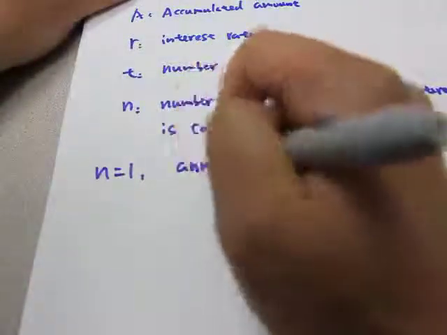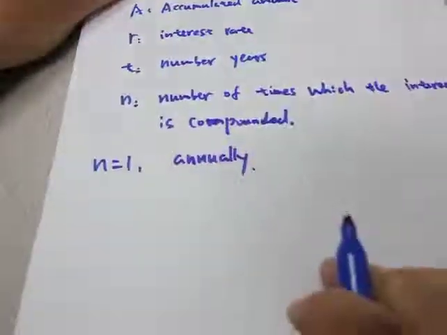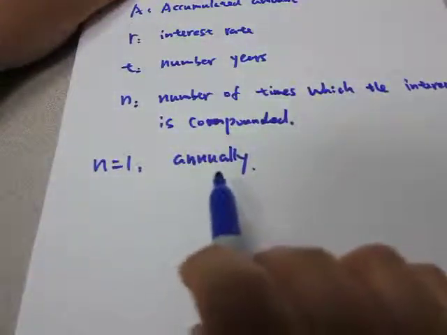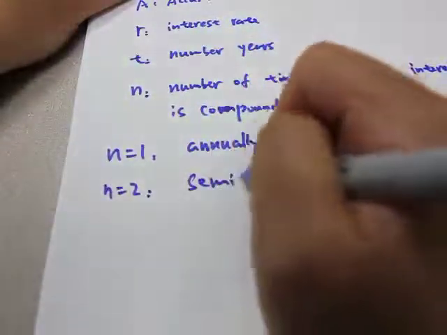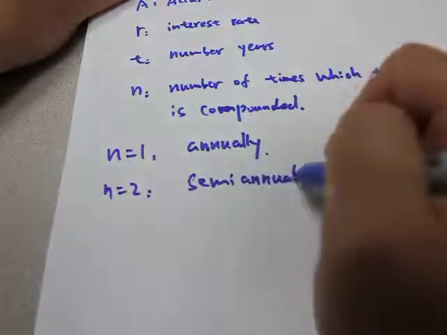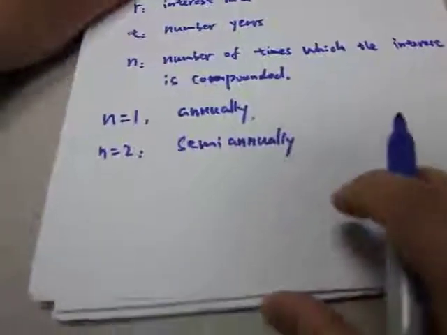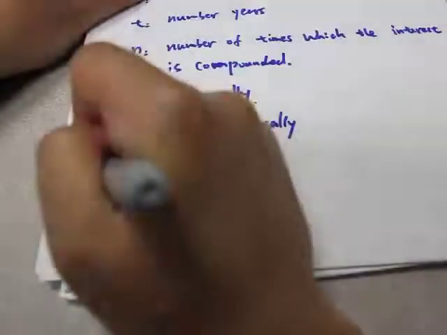When n equals 1, the interest is compounded annually. And when n equals 2, the interest is compounded semi-annually.